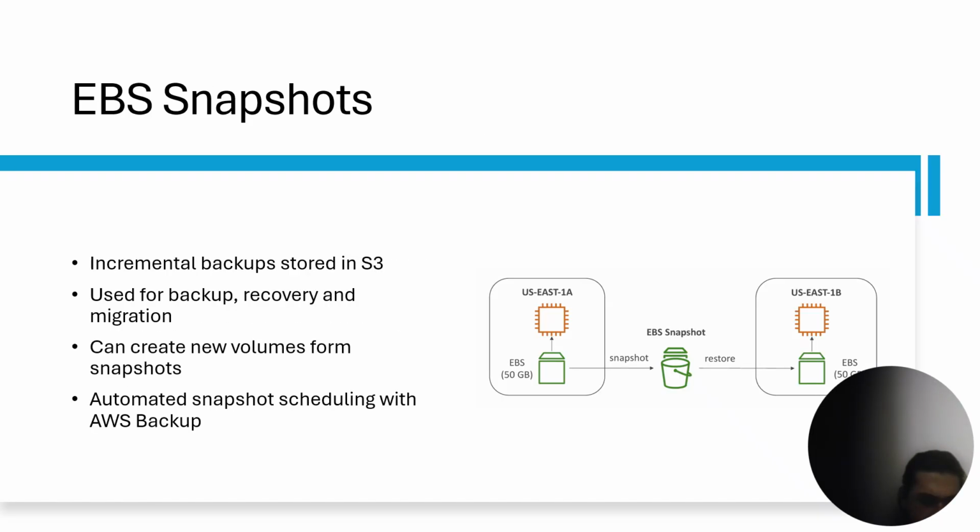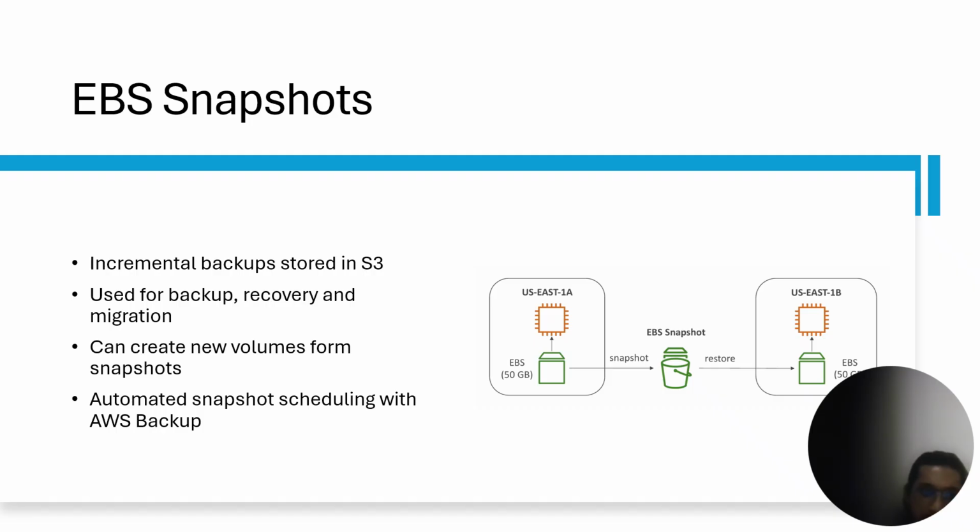Okay, now moving on. EBS snapshots are one of the most useful features. These are incremental backups stored in Amazon S3, meaning only the changed data is saved each time, saving storage space and cost.